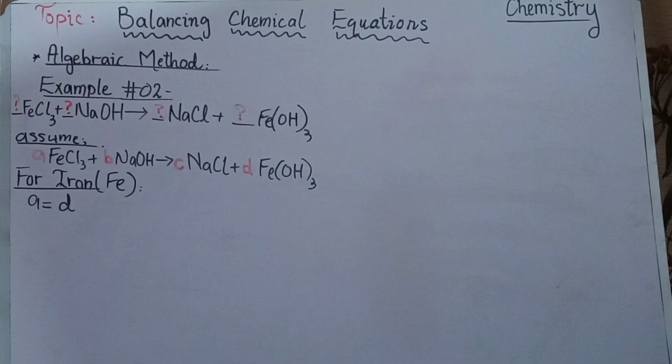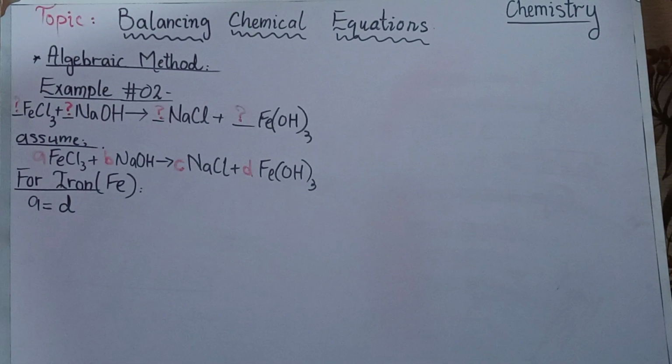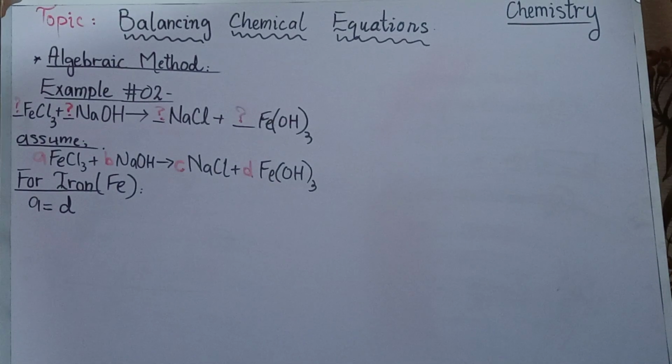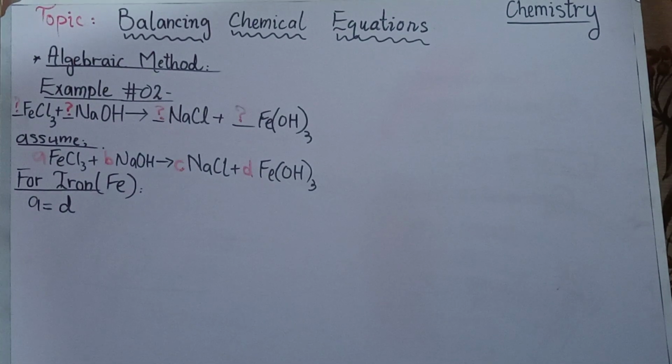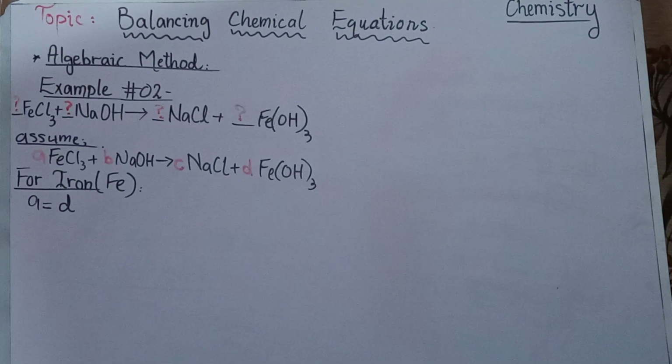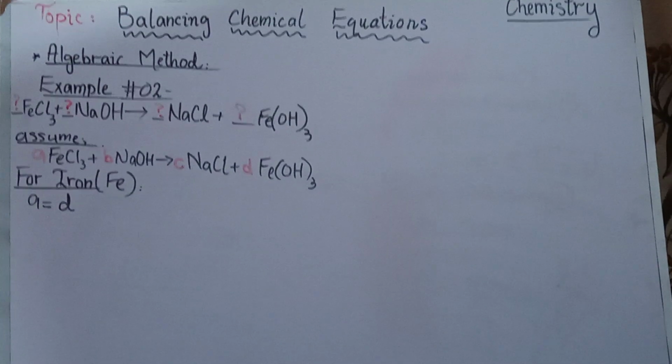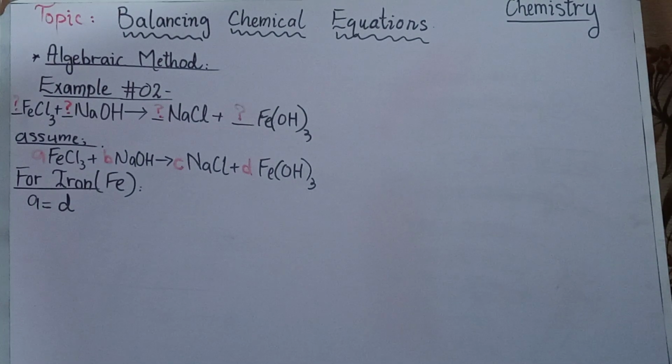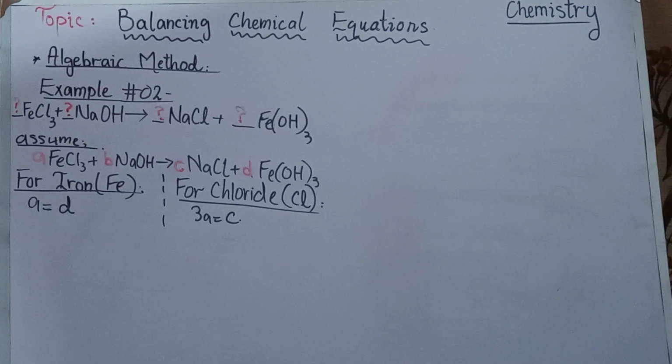In the reactant chloride is in the form of FeCl3, and Cl3 means 3 chlorine atoms, so we put 3A. While in the product chloride is in the form of sodium chloride, NaCl, where Cl is 1. So 3A equals C.